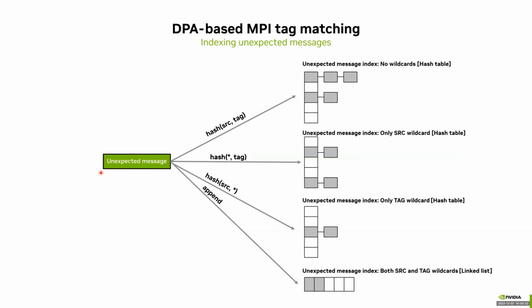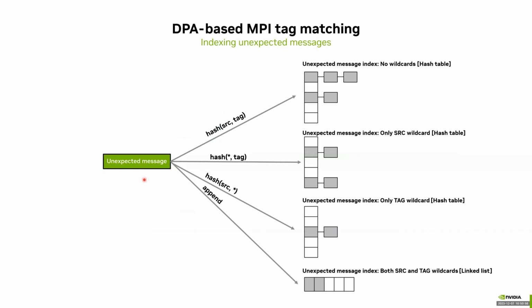Okay, so now how do we handle unexpected messages? Well, the idea is to use what we said before, that we do matching also when we have a new receive that is being posted. And what we want to do is to index unexpected messages in a way which is similar to the way we index receives, right?